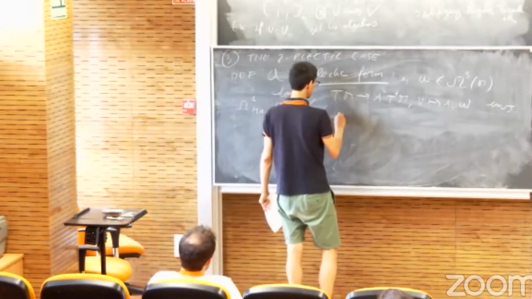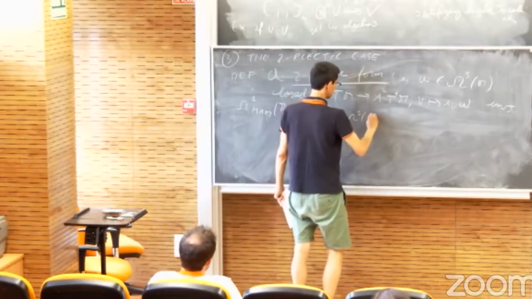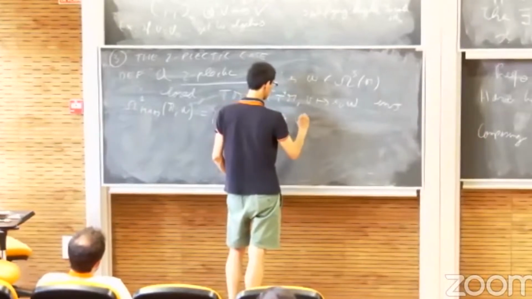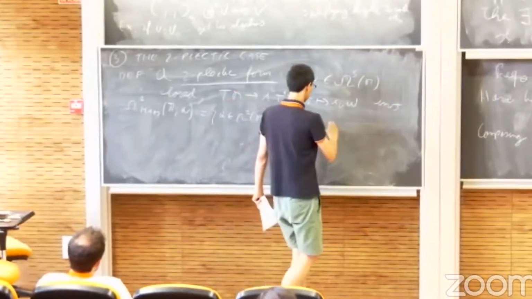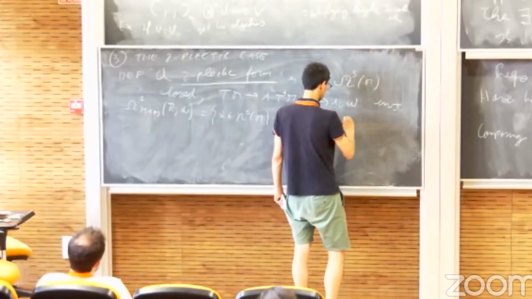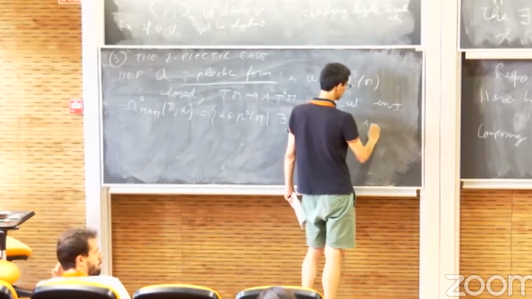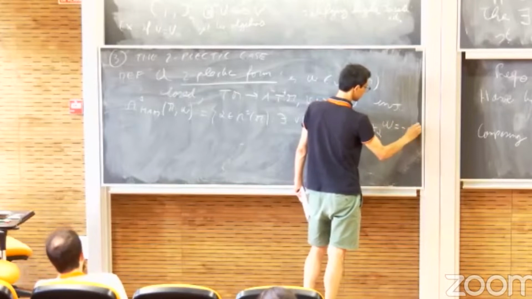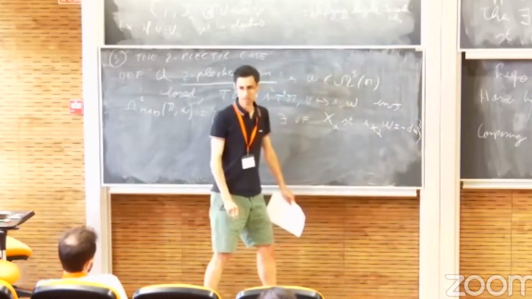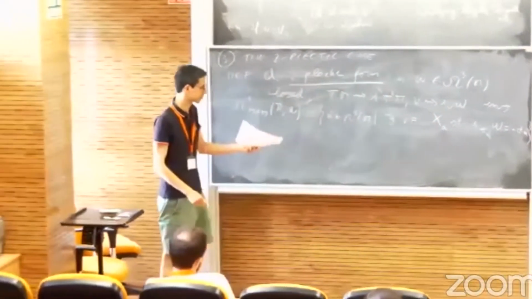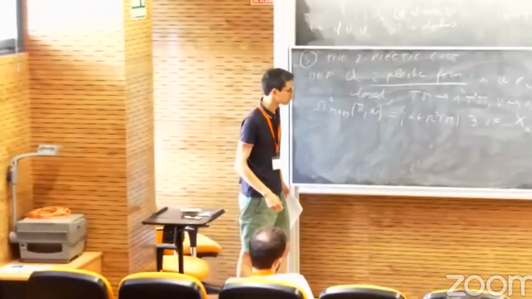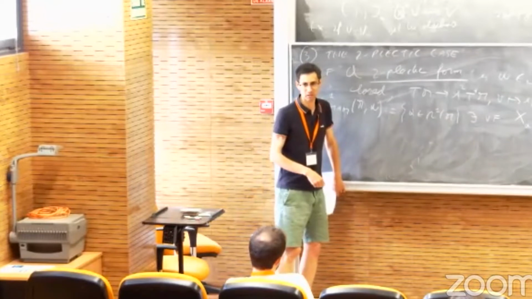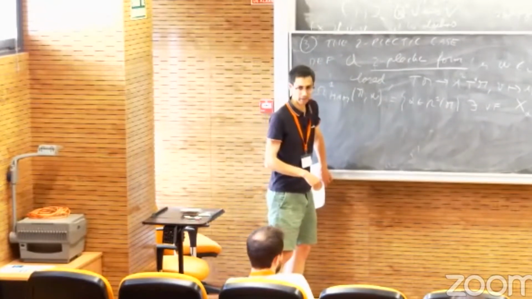So Hamiltonian one forms are the one forms alpha such that there exists some vector field, and we'll call it X alpha, such that if you plug it into omega, you get minus alpha. So if you count degrees, you see that alpha has to have degree 2 less than omega.